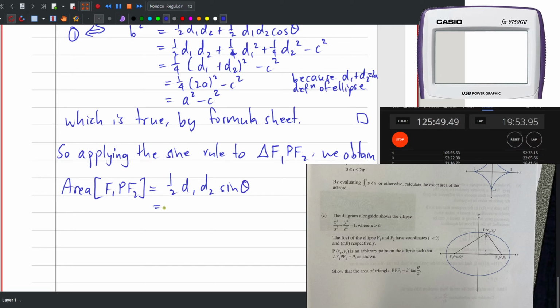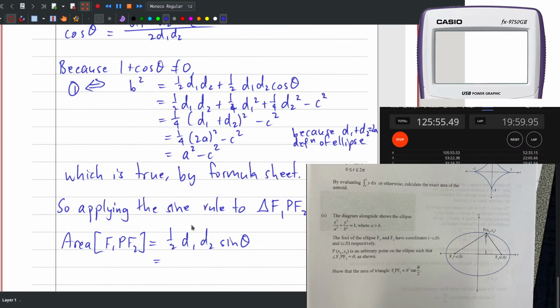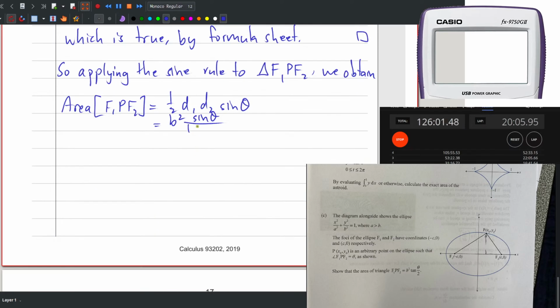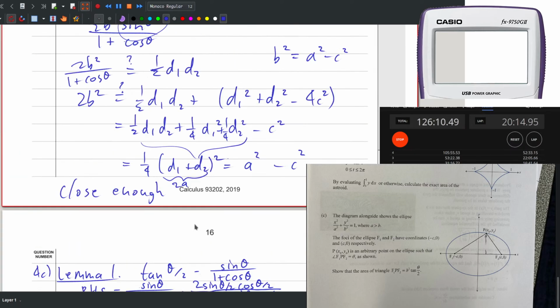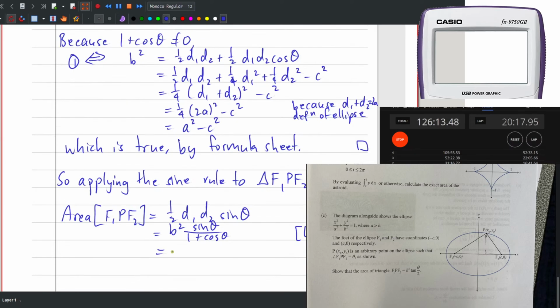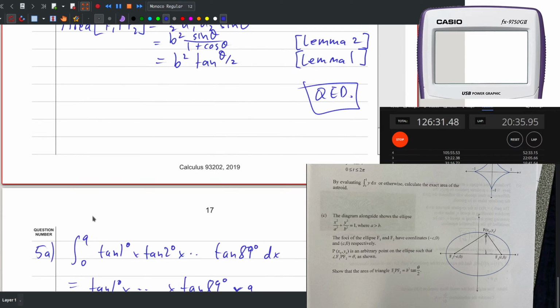Because that's the sine rule, and then this is equal to b squared sine theta over 1 plus cos theta by lemma 2, which is then equal to b squared tan theta over 2 by lemma 1. And I believe this concludes both this question and the actual paper itself.